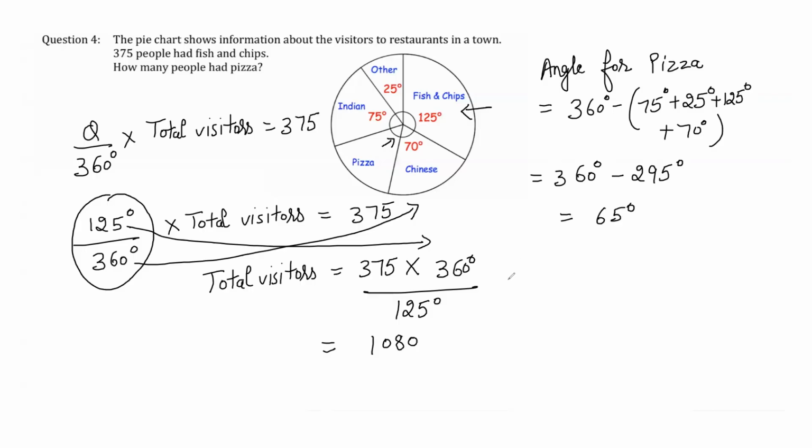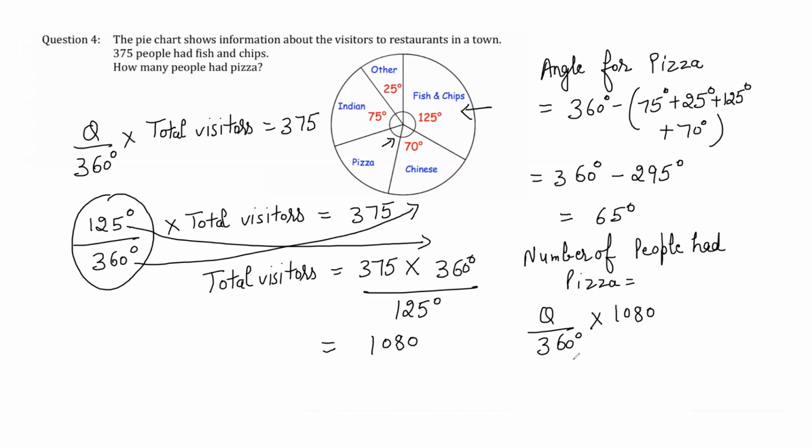Now, once we have calculated that, we can calculate how many people had pizza. We'll write here number of people who had pizza is equals to theta over 360 degree into total number of visitors, which is 1080, which is equals to 65 degree over 360 degree into 1080.